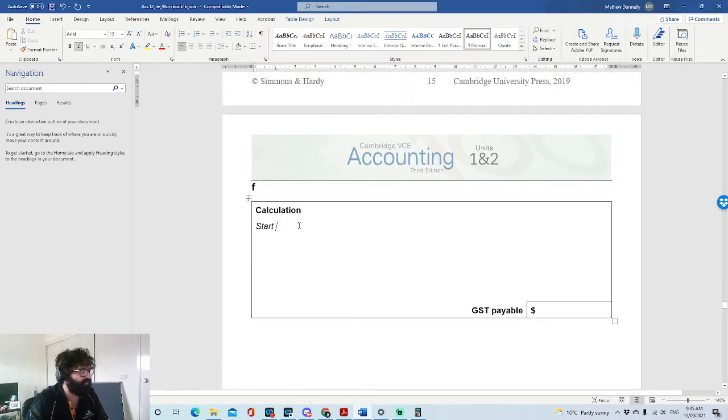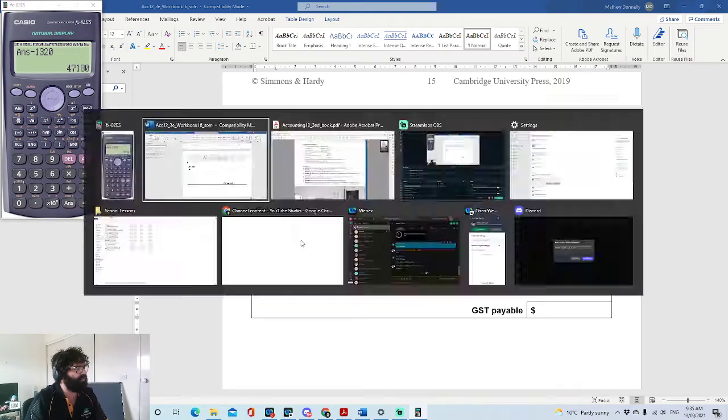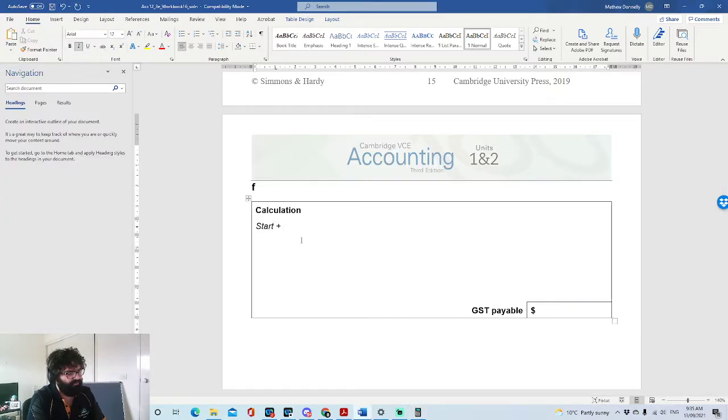So, GST payable, let's smash it out. We've got start plus GST in cash plus GST in credit. Cash minus GST out, oh, that should be in credit. I don't know what I'm doing today. Out cash minus GST in, out credit minus GST sales return.